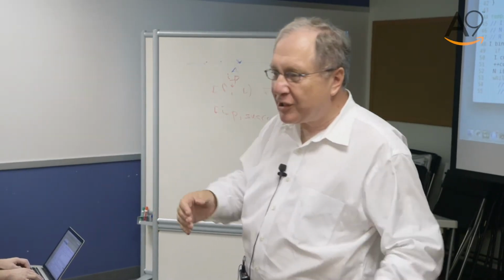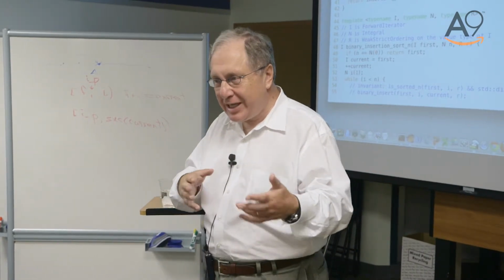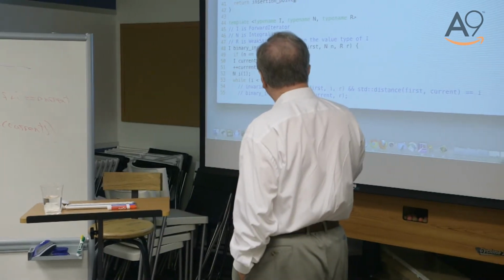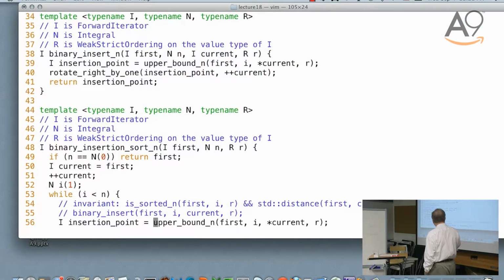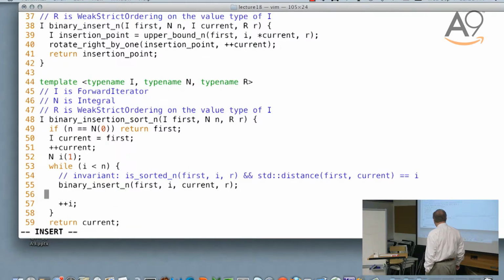And now we have a prototype for linear insert. Remember, all of this was we started with a working function. We made it non-working just so that we see how linear insert should be done. Okay, you have to increment current. Down in binary insertion sort, we need to change it. We need to delete these 3 lines. Or, for those of you who are brave, you could write I plus plus, current plus plus here.